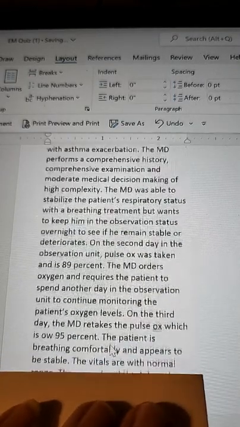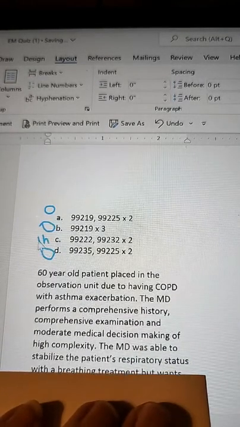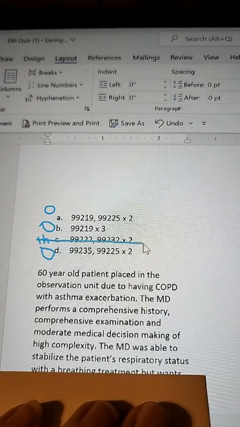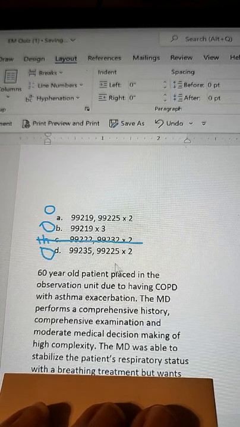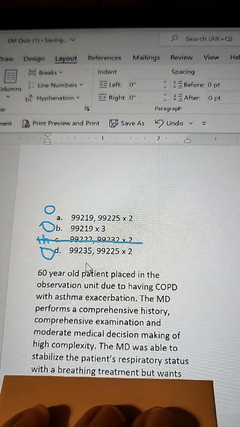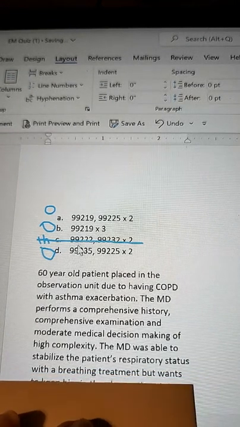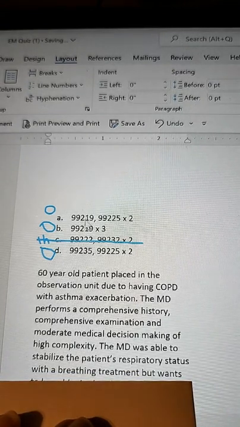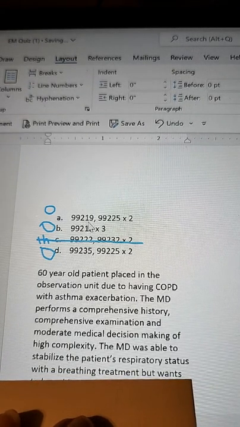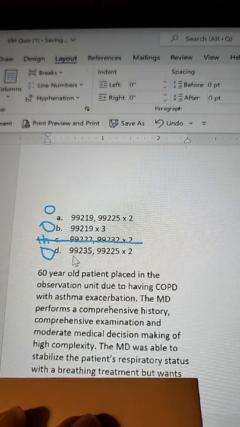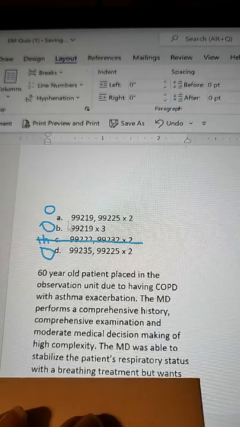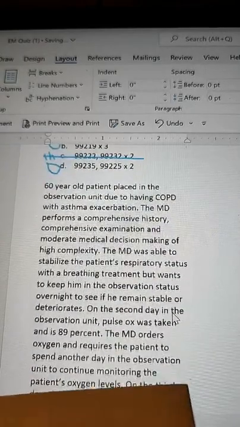That tells me right away to get rid of the initial hospital visit because that 222 is initial. We just need to bill for observation status. So with the differences between these codes, this is initial hospitalization in observation. This one's initial with discharge. We need to know if the patient was ever discharged.